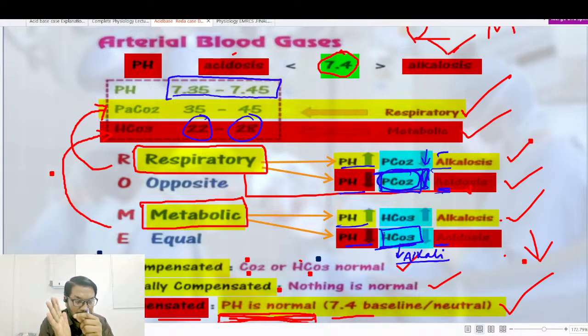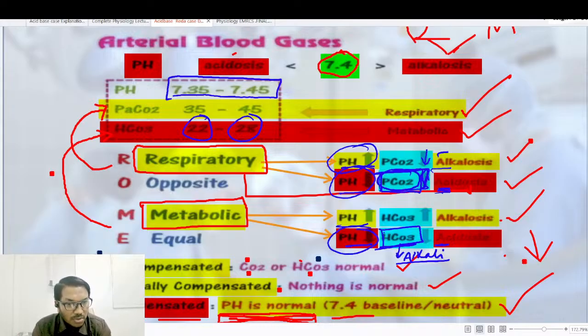When you get any question, you need to focus. This is either acidosis or alkalosis. If acidosis, it is respiratory or metabolic. If respiratory, you know the component is the partial pressure of carbon dioxide. If it is metabolic, then bicarbonate is the component. Acidosis always means pH will be low, alkalosis always means pH will be high, right? Same with metabolic acidosis: pH will be low, and in alkalosis pH will be high.